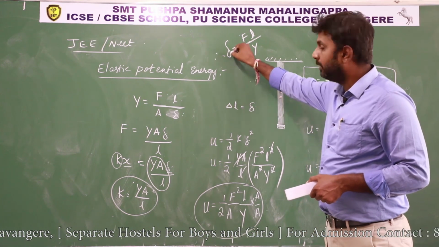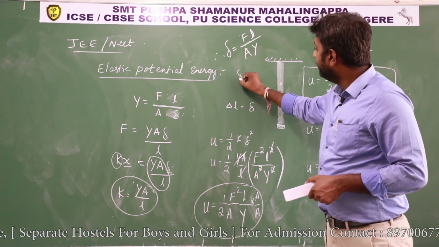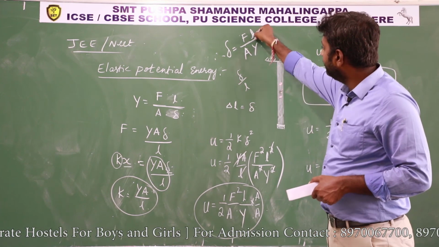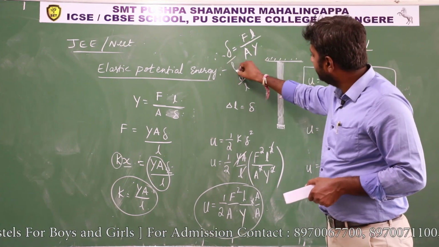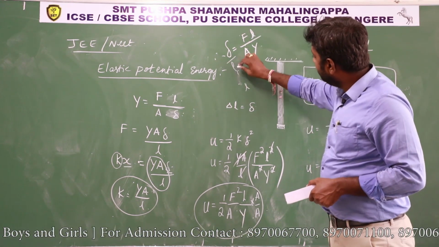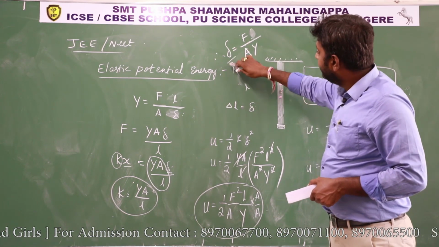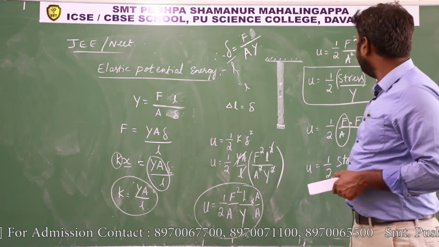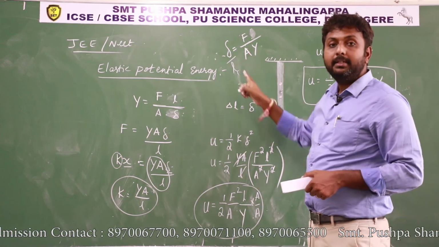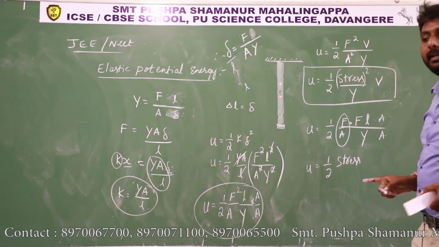Change in length we have denoted by delta, right? Change in length by original length. This L you bring this side. If you bring this L this side, then change in length by original length becomes FA by Y. This is nothing but strain, change in length by original length.